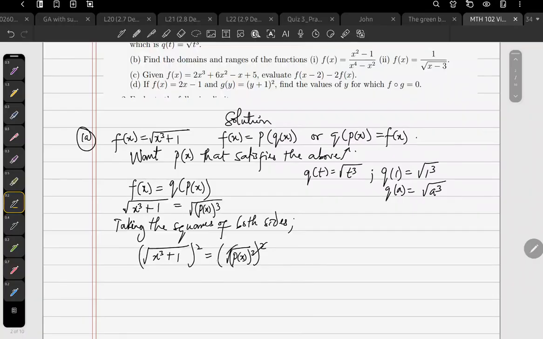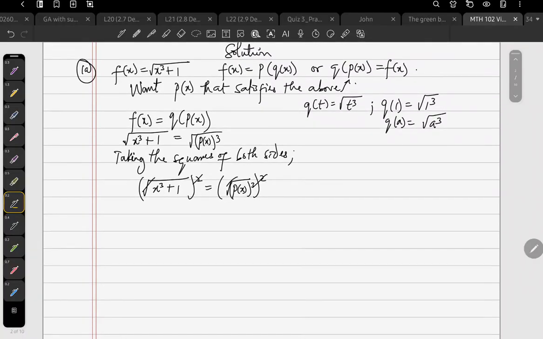So in this case, the squares cancel out, and we're left with x cubed plus 1 equals p of x cubed. So how do we treat situations like this where we're looking for p of x, or when you're looking for an unknown that is cubed?